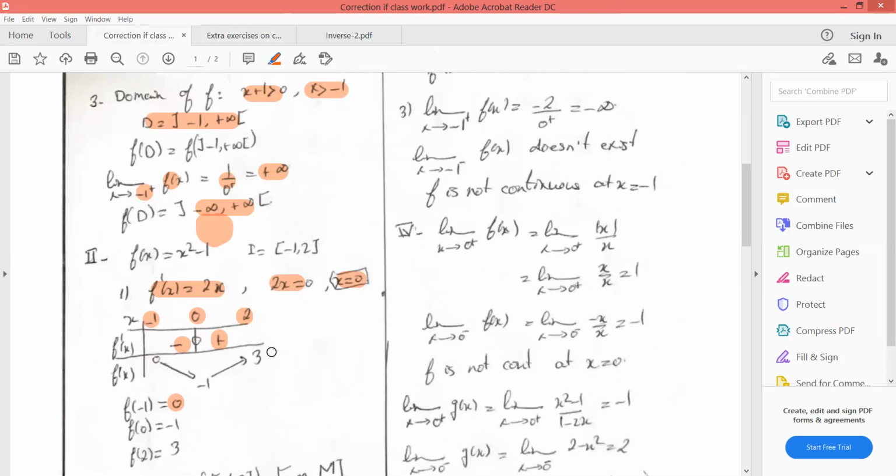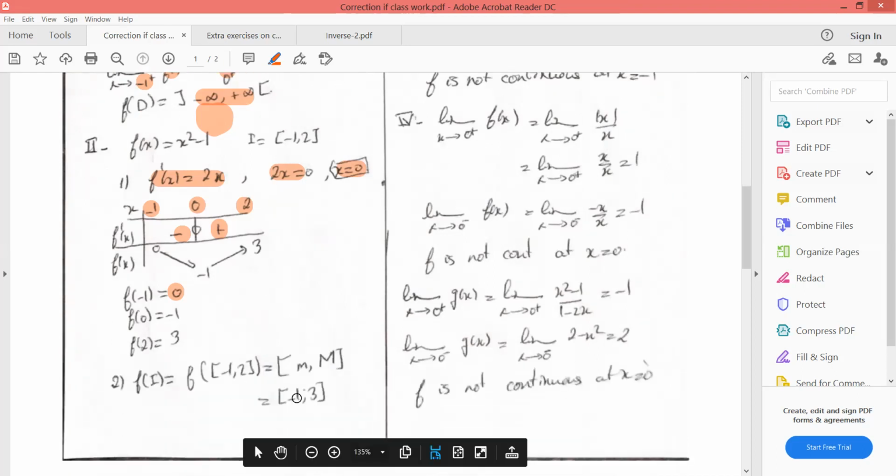What is the least value of y in this interval? Minus 1. What is the maximum value of y in this interval? 3. So the image of the interval is minus 1, 3. You understand what is meant by m and M? Yes. Minus 1, 3.